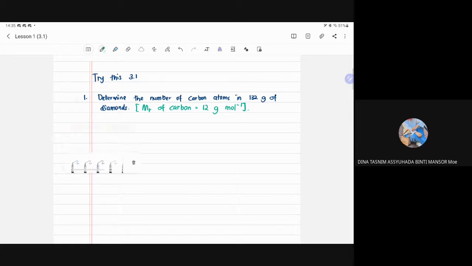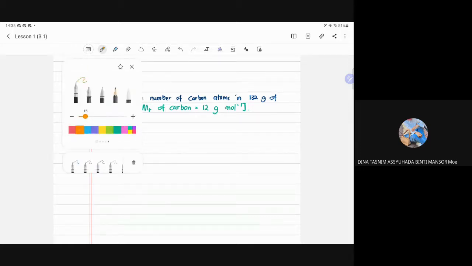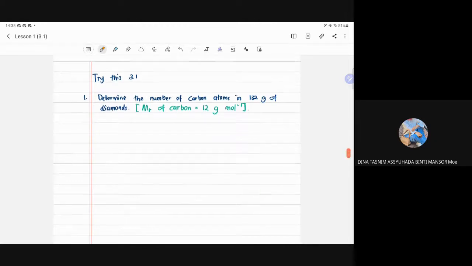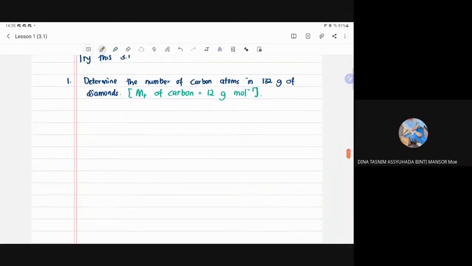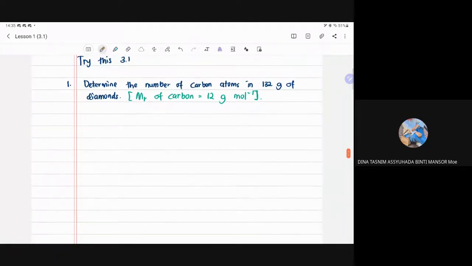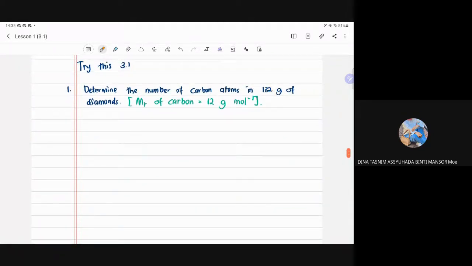Okay, dapat jawab? Let's have a look at the answer. How we can calculate this. First of all, dia bagi tahu, so it tells you that the weight, the mass of the diamond is 132 grams. And as you know from chapter 1, diamond is an allotrope of carbon.